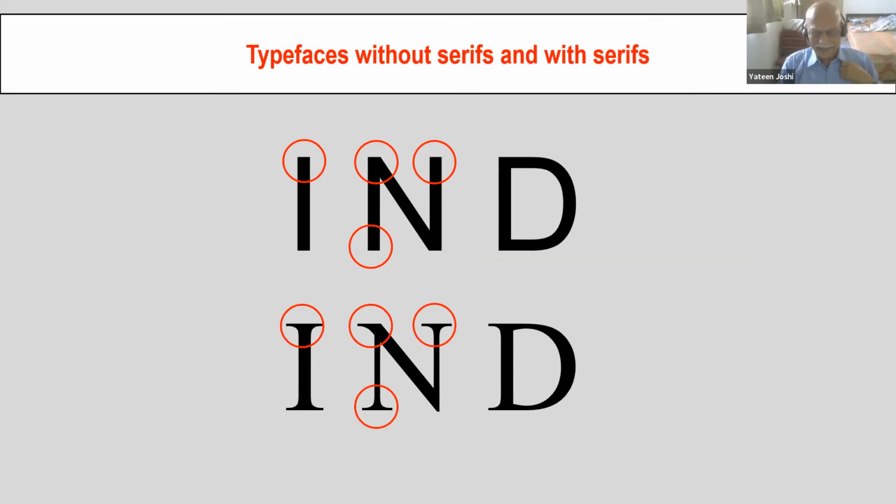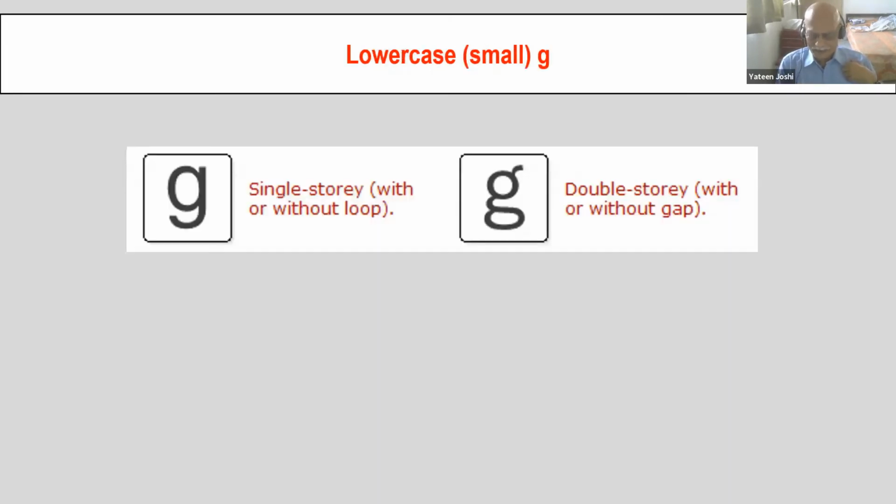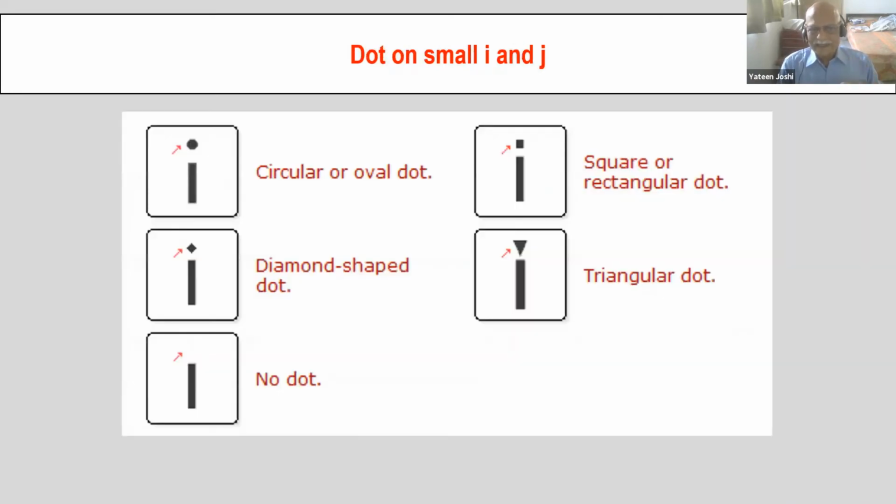So we have these categories, and these are typically very minor things. But the point is that a single character like capital A or a lowercase a, you will come across hundreds or thousands of times. So then it makes a difference. Individually, of course, these are very trivial differences, even something as little as a dot on the i, whether it's circular, square, triangular, whatever.